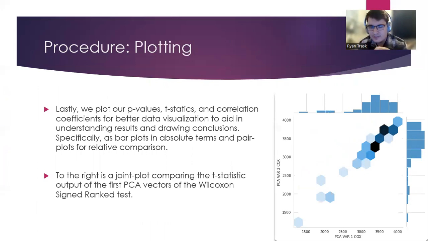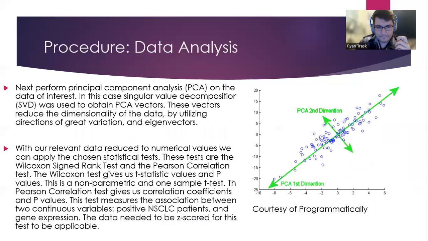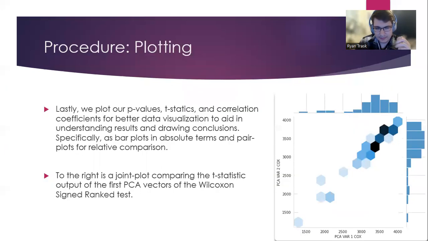There are different values for each PCA vector. I want to compare the PCA vectors to see if it's all right to use this data, if everything's working all right. That's why I tested this pair plot here, comparing the t statistic values for PCA vector 1 of the Wilcoxon signed rank test and PCA vector 2 of the same test.